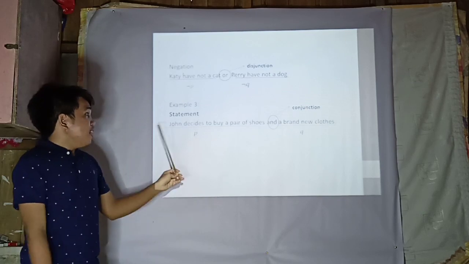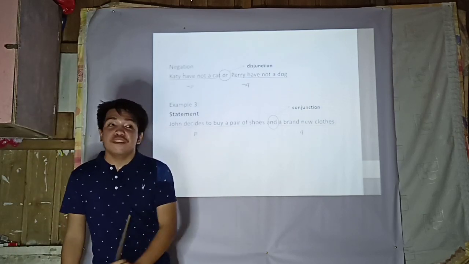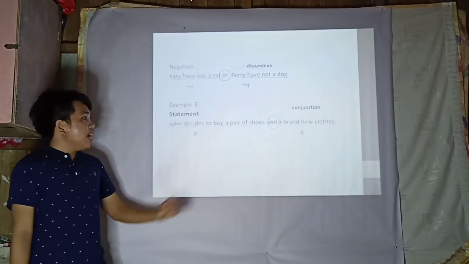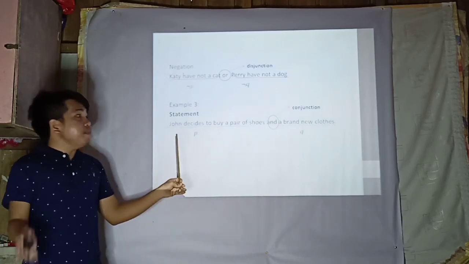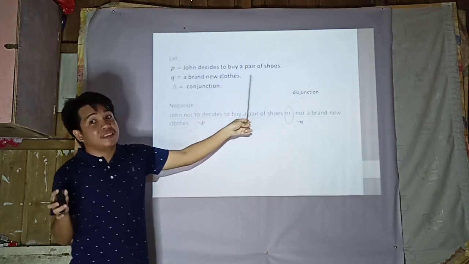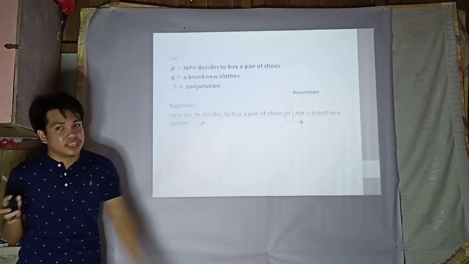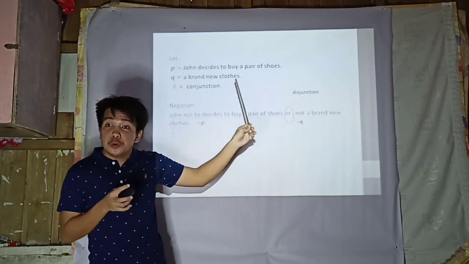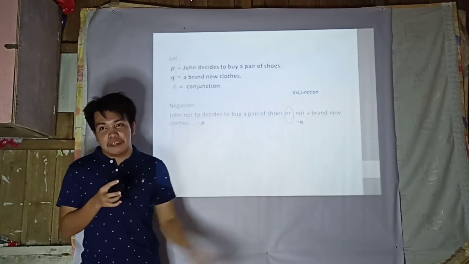So in negating this, let us first know the P and Q of the statement. P is "John decides to buy a pair of shoes." So this is the P statement. And Q is "a brand new clothes." So that is the Q statement.